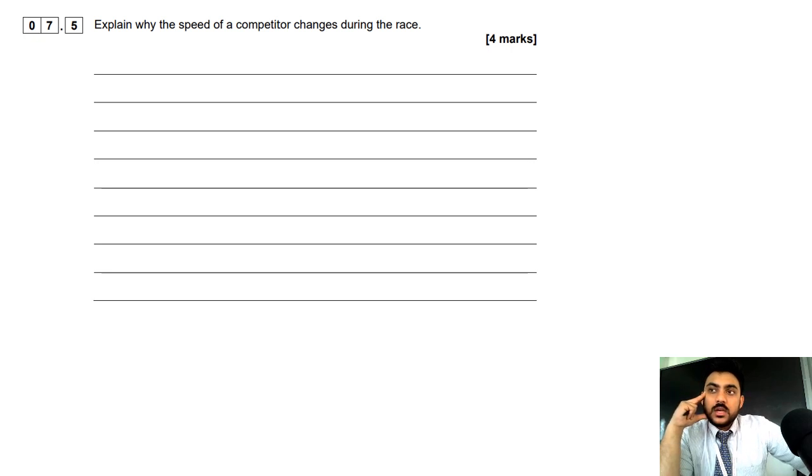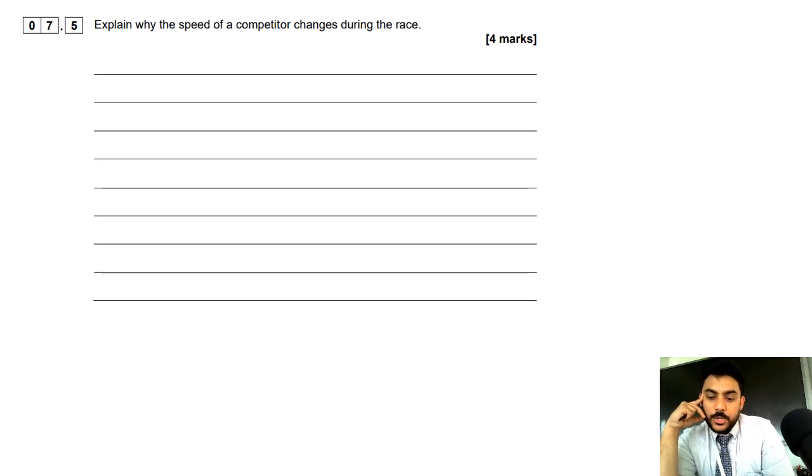Clear account means a clear recollection of what is right in this question. And therefore, you'll get 3 or 4 marks. And 4 marks is the full marks. So, what do we need to say? The effect on the speed must be consistent with the cause of the change. So we need to state a point, and then say what effect this would have on the speed.